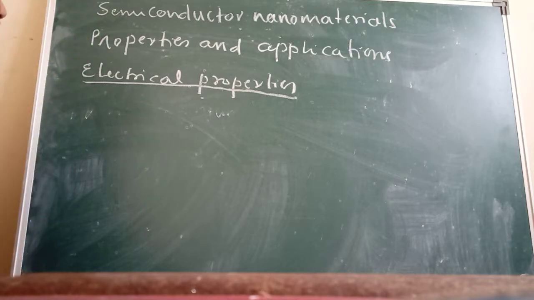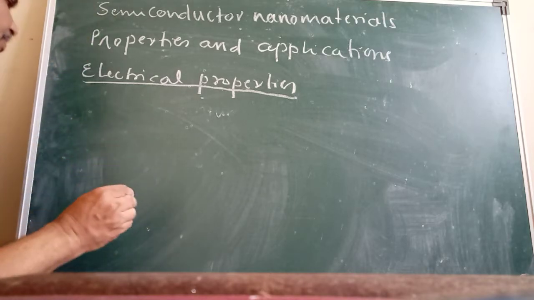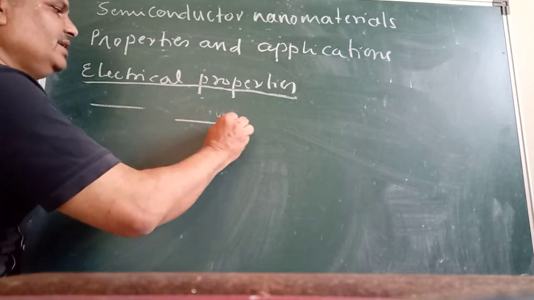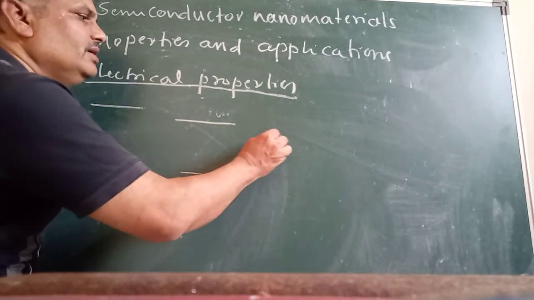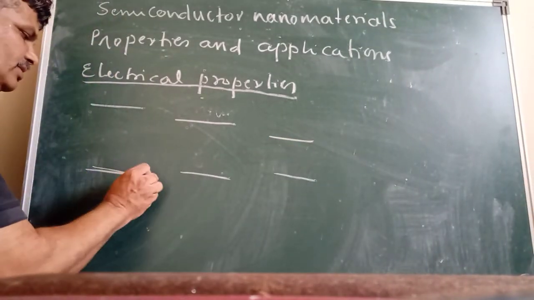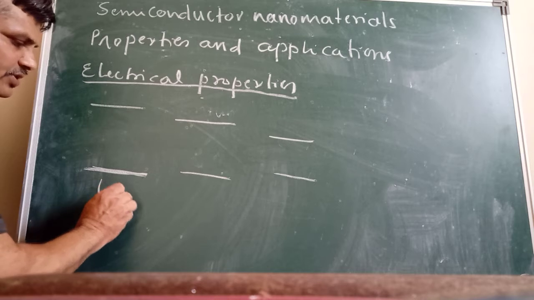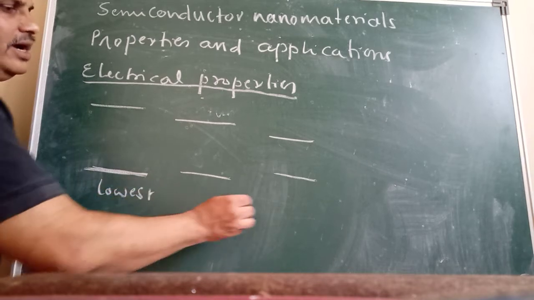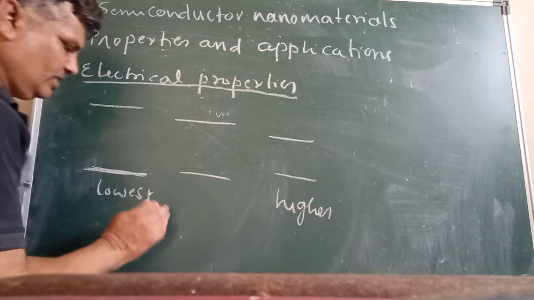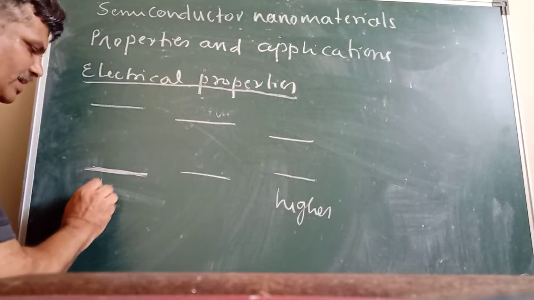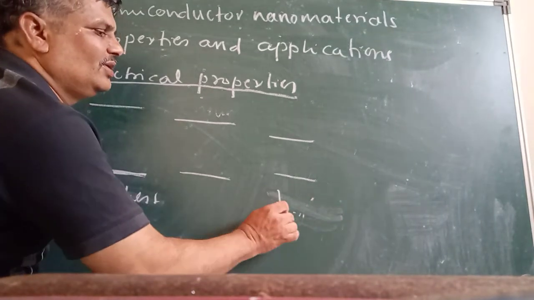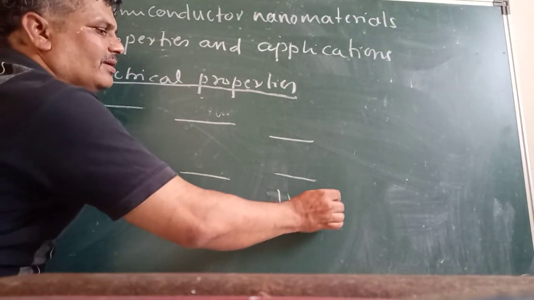So we know that the band gap can vary with respect to size. As size decreases, the band gap is highest, and for larger size it is lowest.